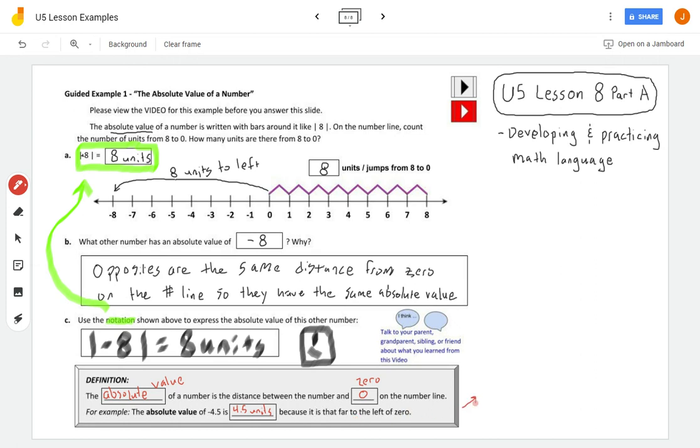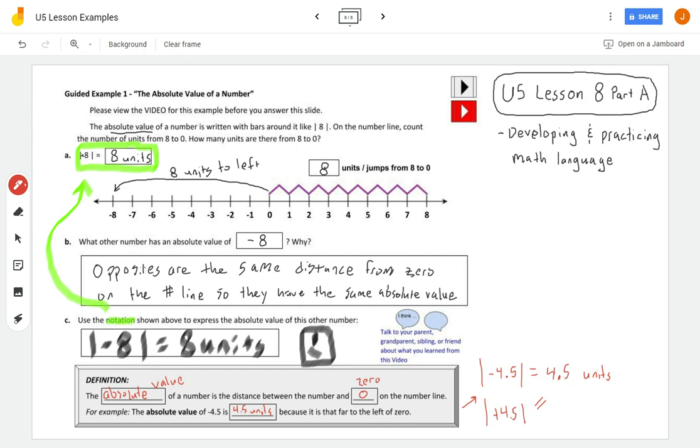And so just so you can see the notation again, I would do absolute value bar, negative 4.5, absolute value bar, equals 4.5, or I could also say 4.5 units. And then if I want to think of another number that has the same absolute value, it would be the positive version of this. So the absolute value of positive 4.5 also equals that. So these opposites always have the same absolute value because it's how big the number is, how far away it is from 0, regardless of which side you go.